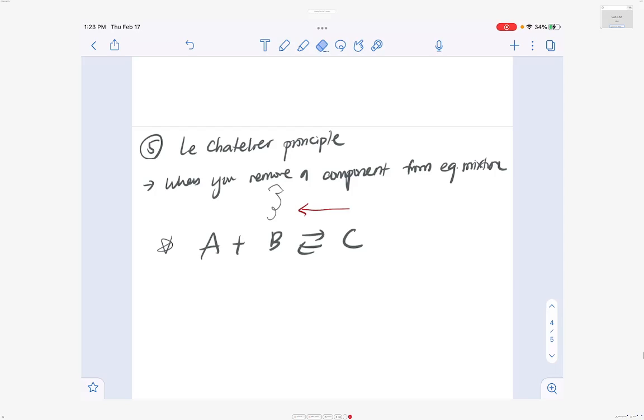Okay, so the answer is: when you remove a component from an equilibrium mixture, the reaction is going to shift in the direction of producing the removed component.